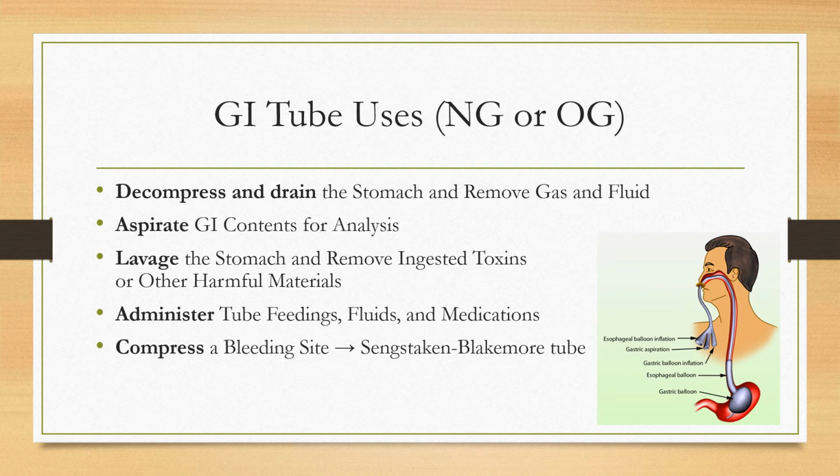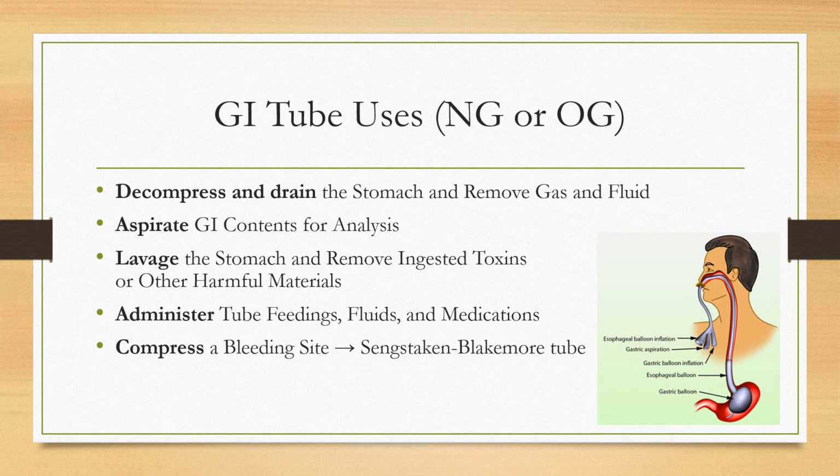Sometimes we can use an NG tube to aspirate, just to take the contents of the stomach to analyze them. Okay, that's not done very often, but we can do that by putting an NG tube down and just aspirating some fluid. Gastric lavage is where we put a tube down and we can suction up.